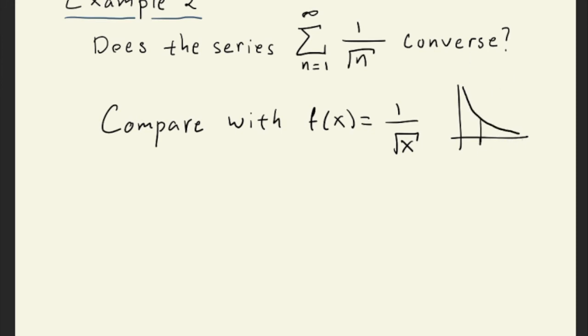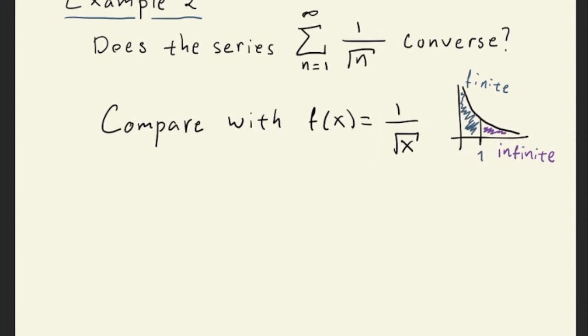For this function, the area to the left of 1 is finite, but the area to the right is infinite. So in particular, the integral from 1 to infinity of this function is infinite. And so my suspicion is that this series is going to diverge, right? Because this function has infinite area from 1 to infinity.